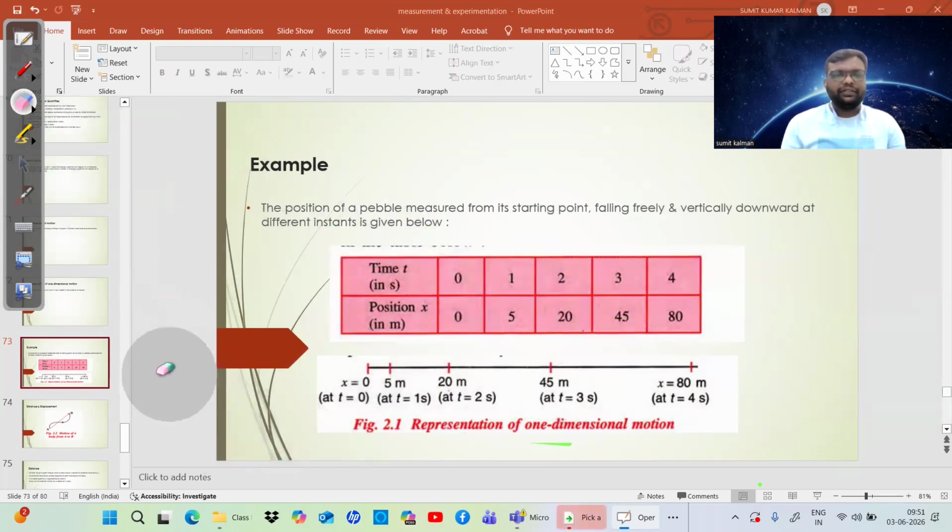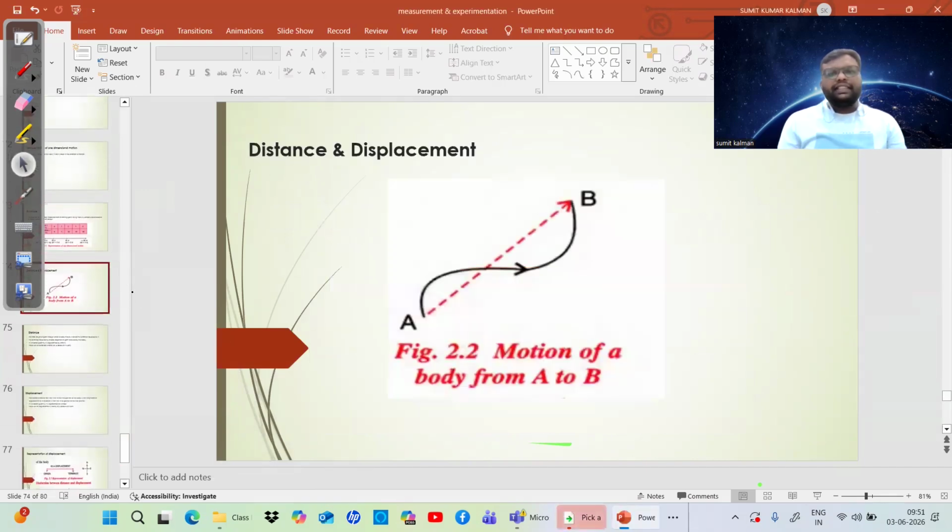Now the next is distance and displacement. This is also very important, and this is basics. Friends, as you can see here on your screen, there is a body, and this body is moving from A to B. The total length of the path from A to B is called the distance moved by the body.